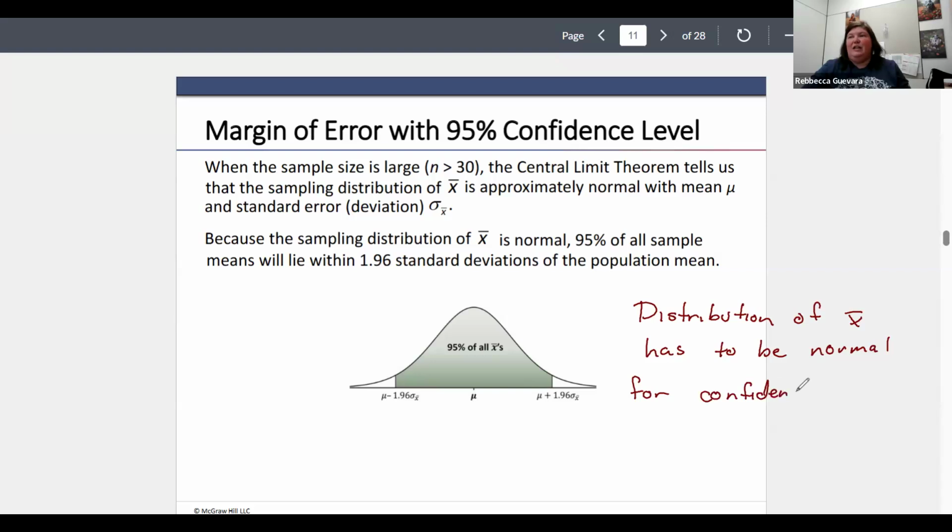Otherwise that confidence interval is actually kind of gibberish. Because if we have a distribution that's not normal, then all my predictions basically mean nothing. I don't have good predictions.